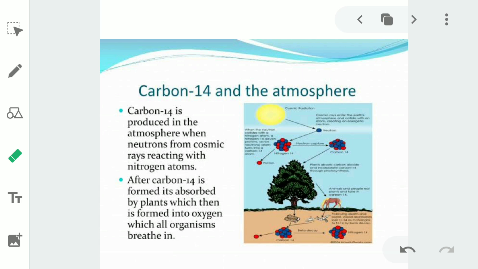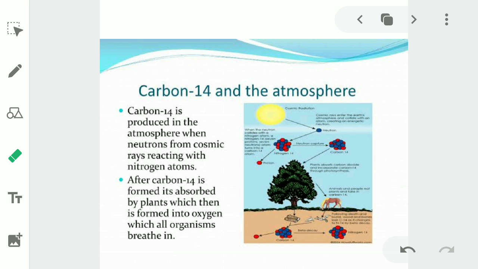Now C14 is a radioactive carbon. You have studied the periodic table, so you know what radioactive elements are, right? Radioisotopes are those, you know the atomic structure. In the nucleus, neutrons are present, and when the number of neutrons increases beyond the protons, the element converts into a radioisotope.